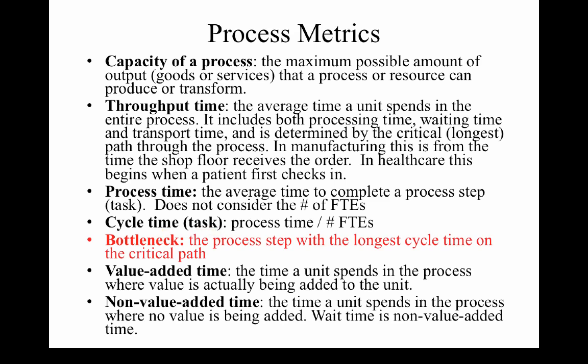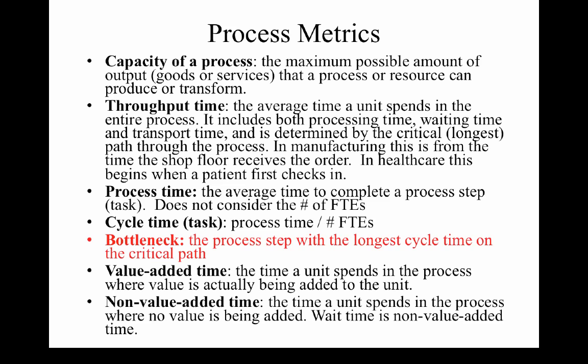So I mentioned the bottleneck. The bottleneck is critical to the process. It really dictates how many units you can get through, and it's the process with the longest cycle time on the critical path. So the critical path is your longest path in a process. There might be simultaneous things going on.